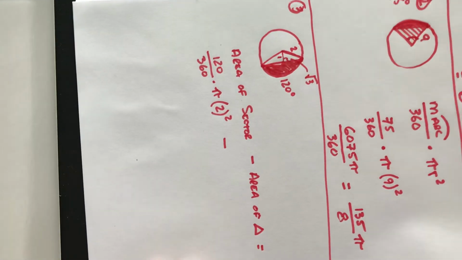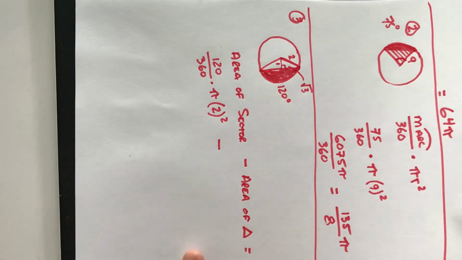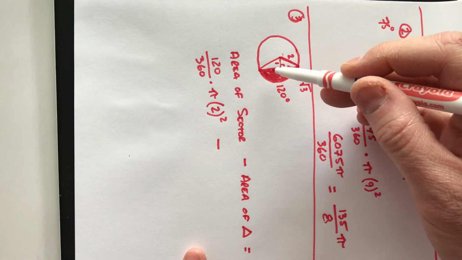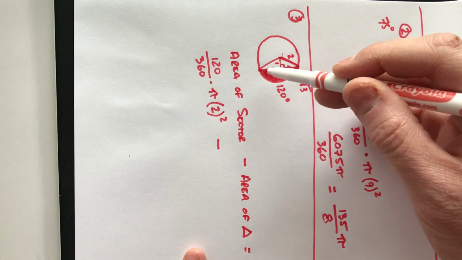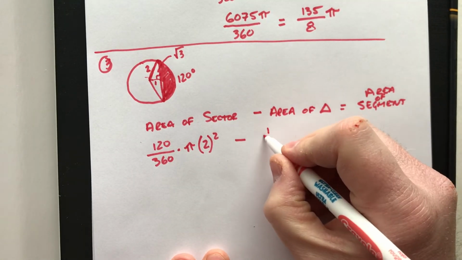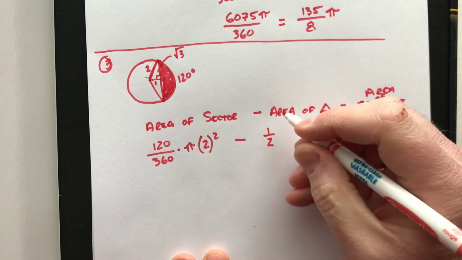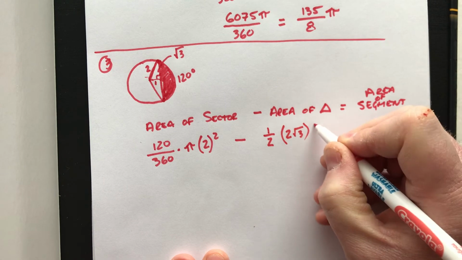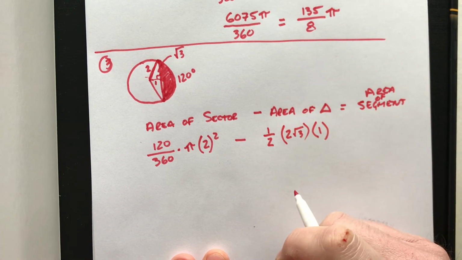Our height is 1. Our base is the square root of 3 times 2, or 2 root 3. So the area of our triangle is 1/2 times 2 times the square root of 3 times 1.